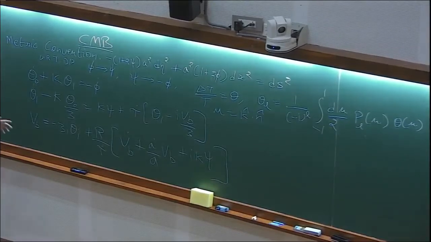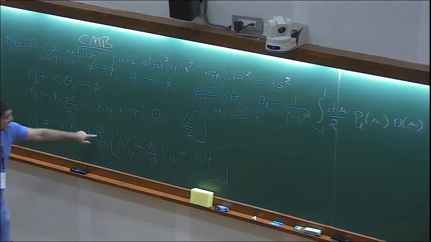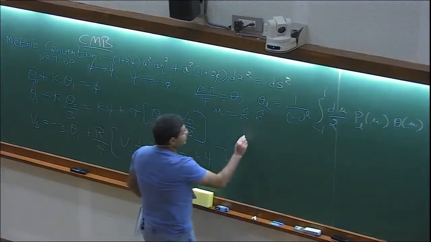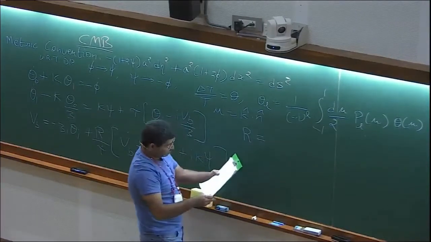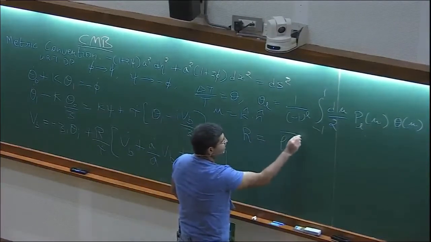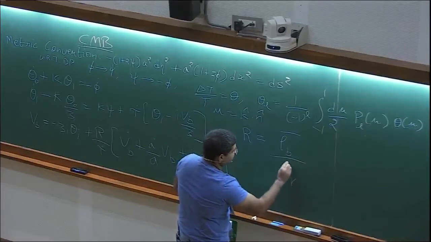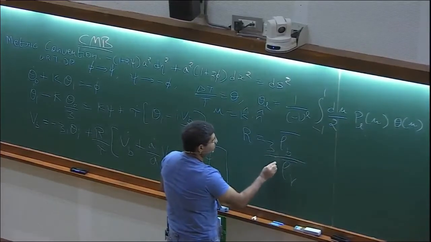We want to study the structure of these equations and what they tell us about the dynamics going on in this tightly coupled baryon photon plasma. So there are factors of R here. R is just the ratio of the average baryon energy density to the photon energy density times a factor of 3/4.